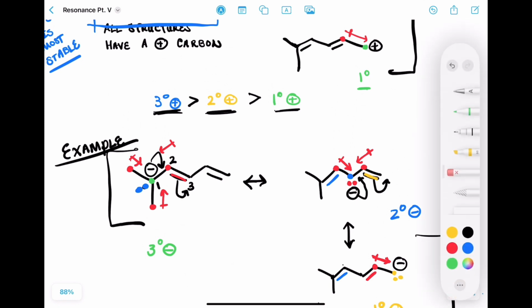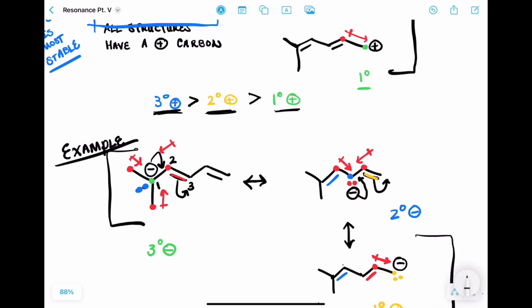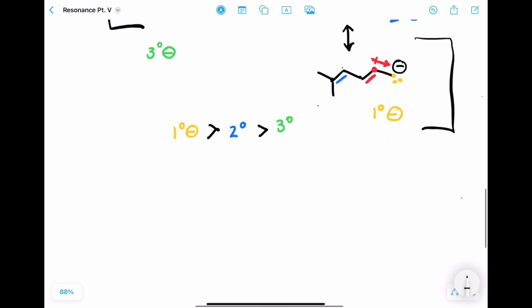So I'll go ahead and write more stable. The order of stability for a carbocation is inverse to the order of stability for a carbanion.